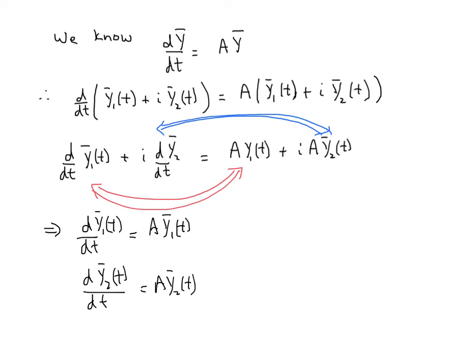And anything that satisfies these equations are solutions of our original equation star. So it turns out that y1 of t must be a function that when differentiated gives me a times y1, and y2 must be a function that when differentiated gives me a times y2.